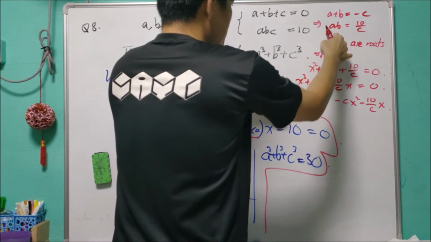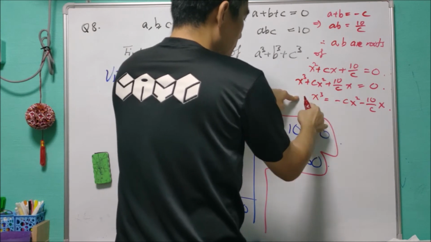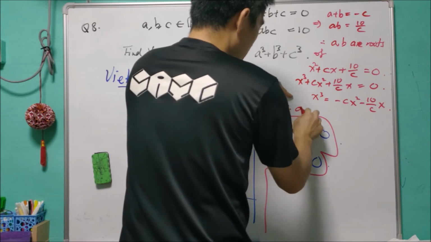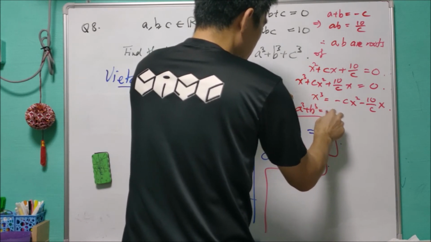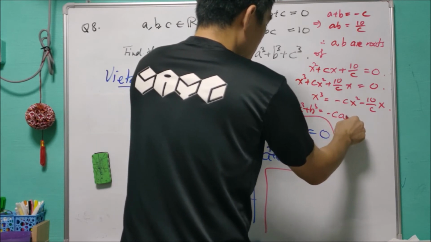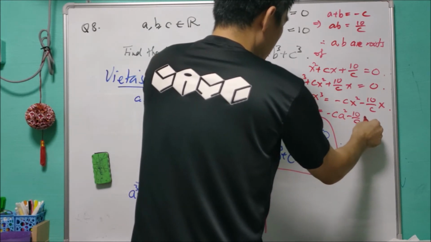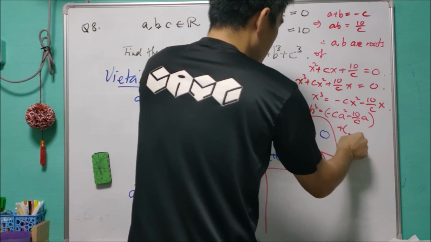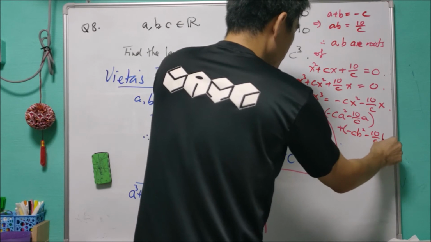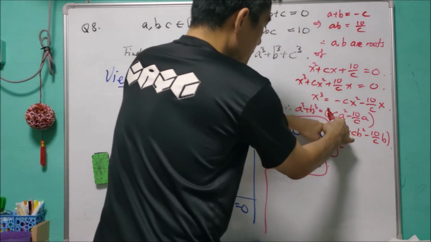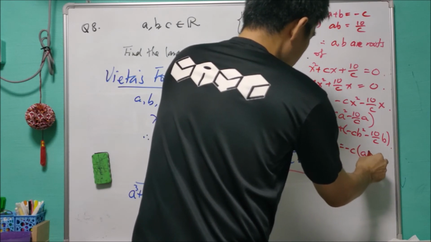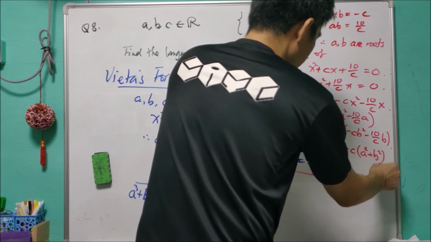Since each of A and B is a root of the equation, we can sub it in and take the sum. That's why we have A cubed plus B cubed equal to, first, sub in x equals A, negative CA squared minus 10 over C A, plus negative CB squared minus 10 over C B. So negative CA squared and negative CB squared can combine, and negative C times (A plus B) squared.